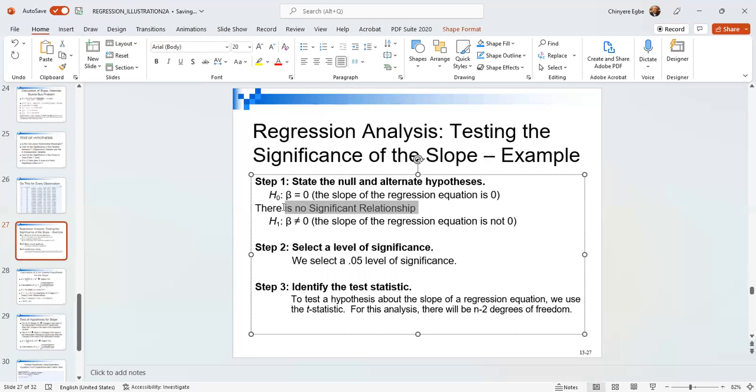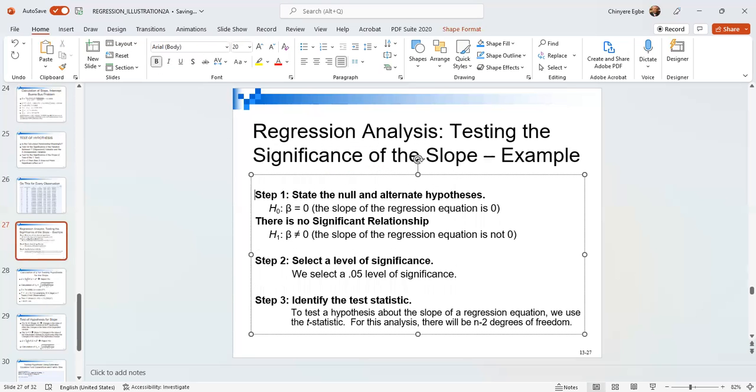Now, remember we stated an equation. Okay? So let's remember the equation. Y is equal to A plus Bx plus E. So this is what you are looking at.